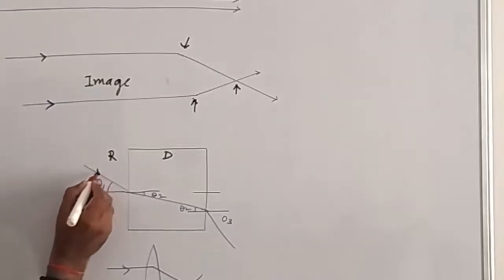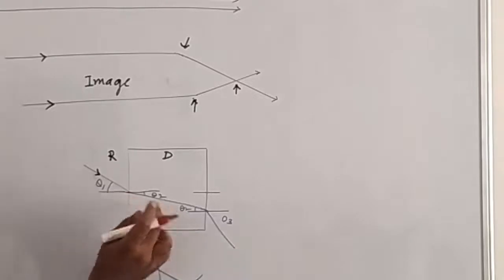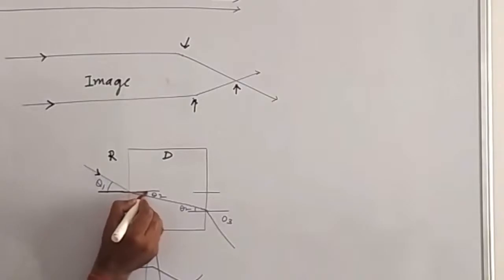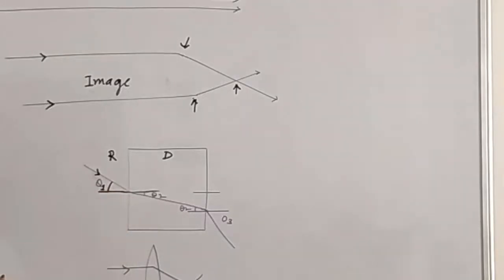Now if this light is moving into the denser medium, suppose this is the tangent, and it is making angle theta 1.